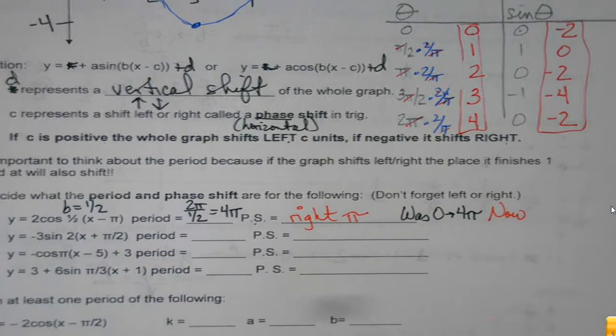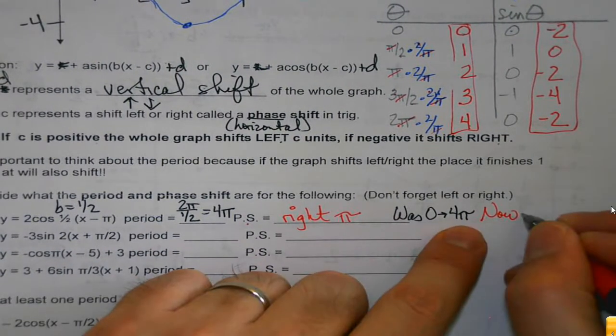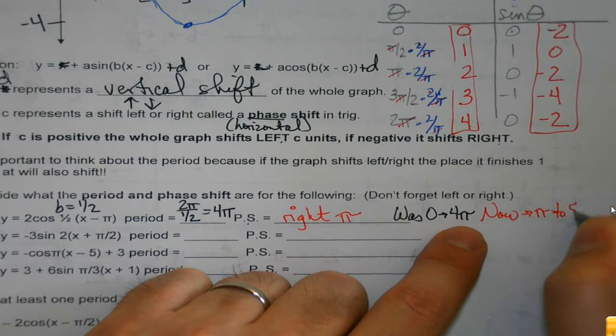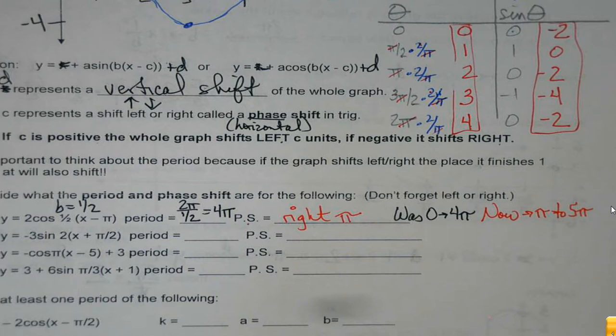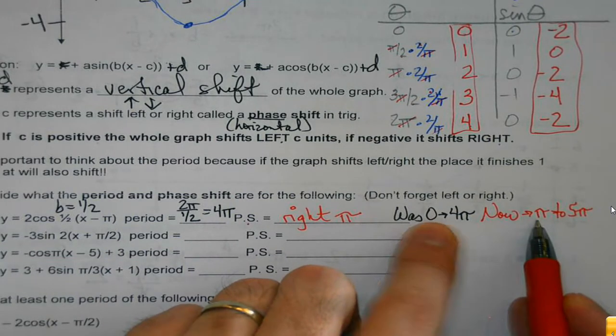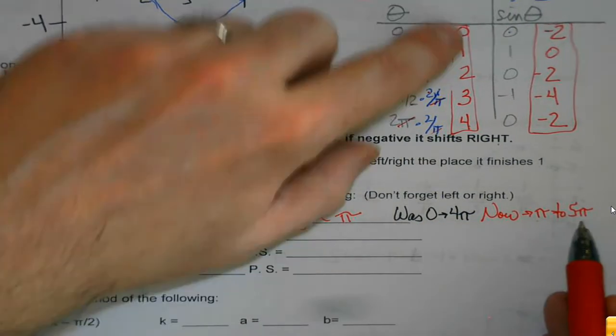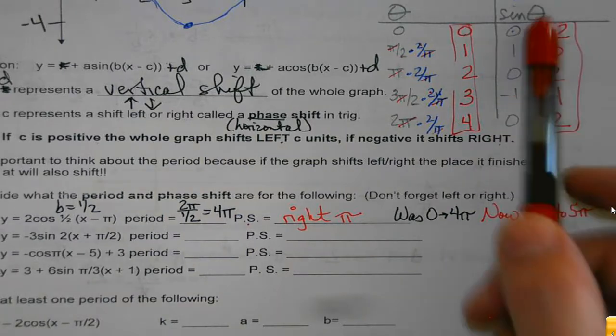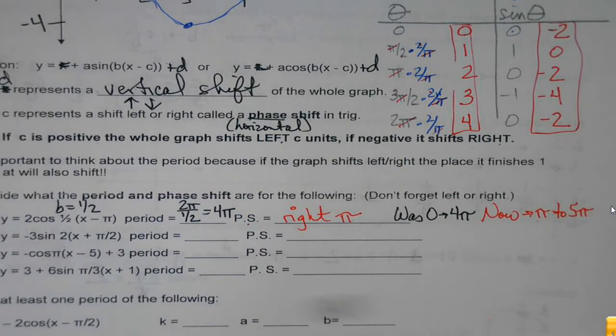So now my new period would go from pi to 5 pi. I add pi to each of those. So that's like what my first column would become. I'd add pi to each of my answers. Sort of like we did the 2 steps with multiplying these, we're going to do that same thing here.